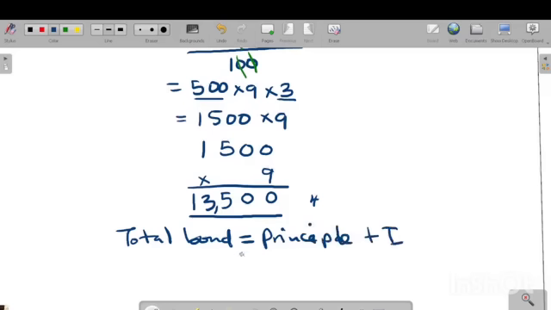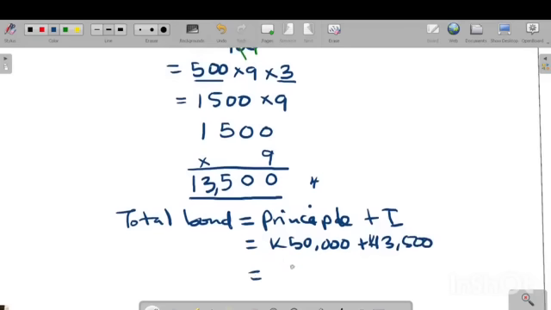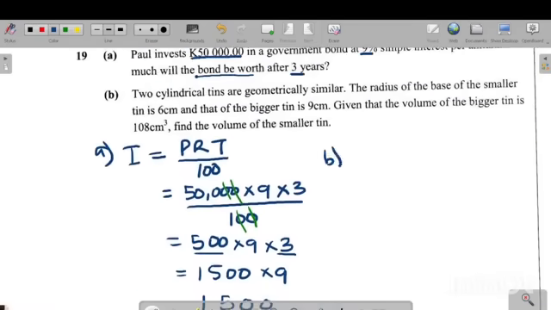So this is the interest, and the principal is 50,000 kwacha, so 50,000 kwacha plus the interest, which is 13,500 kwacha, and this gives 63,500 kwacha. So this is the bond in 3 years.